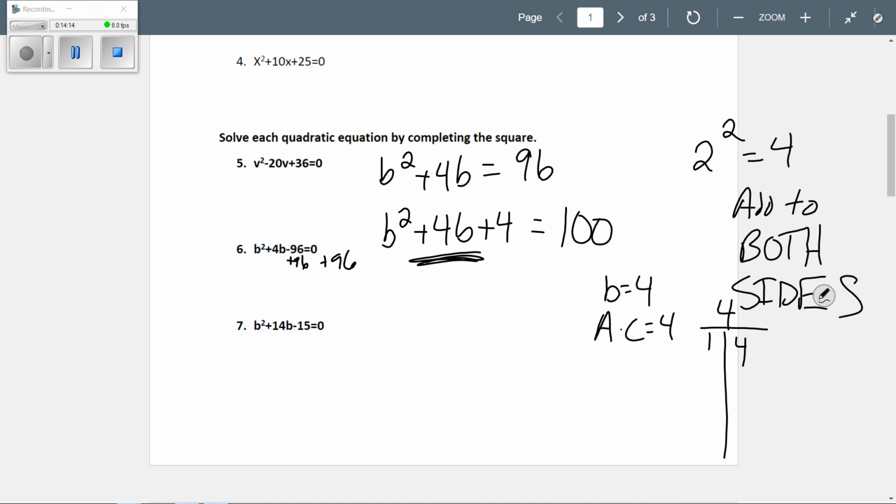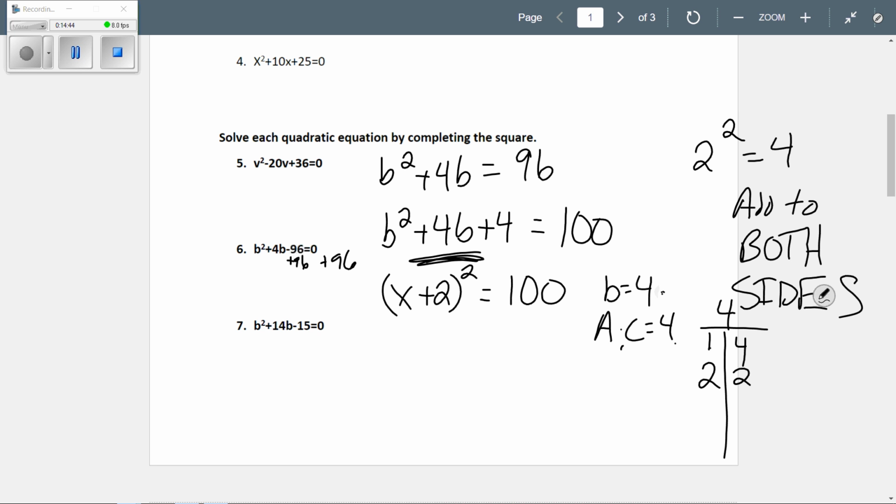No, 1 times 4 does equal 4, so it's good for a times c, but 1 plus 4 is 5, and our b is not 5. So our factors 1 and 4 do not work. We keep going, 2 and 2, those work. 2 times 2 is 4, and 2 plus 2 is 4. So we come back here, b plus 2 squared equals 100.